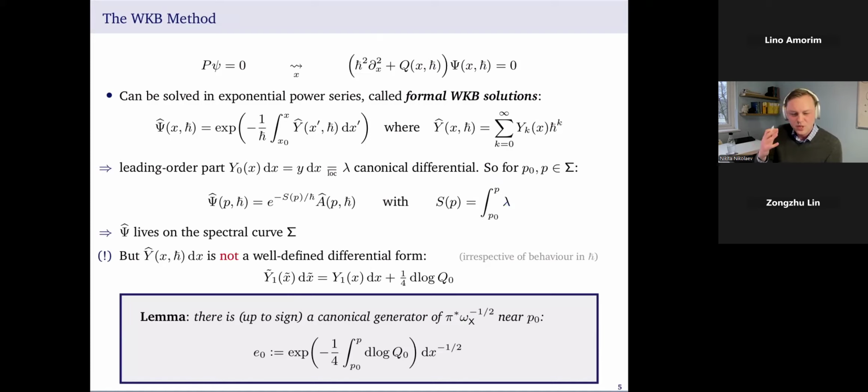Lambda was the square root of the potential, of the quadratic differential. So now we're integrating it, it's in the exponent. But then there's another famous prefactor which is q to the -1/4. And that's this generator that I wrote down here, precisely that q to the -1/4 that appears in the standard WKB ansatz formula. It turns out to be this local canonical generator screaming at us.